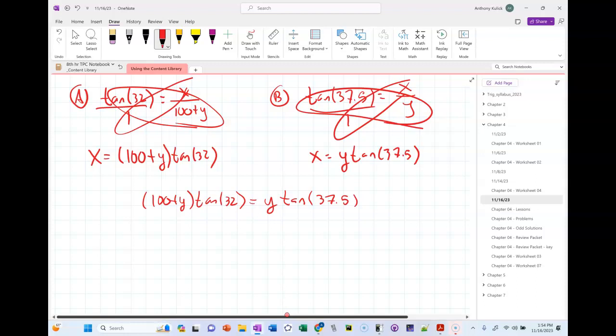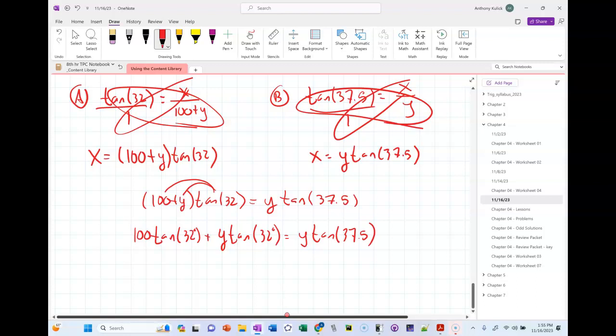Sound good? So to do that, what I would probably do is distribute the tan 32. So far, so good.